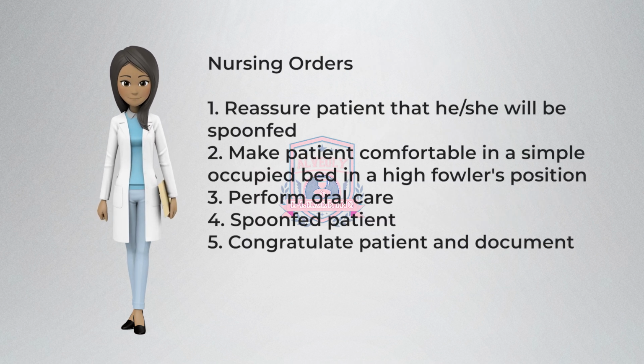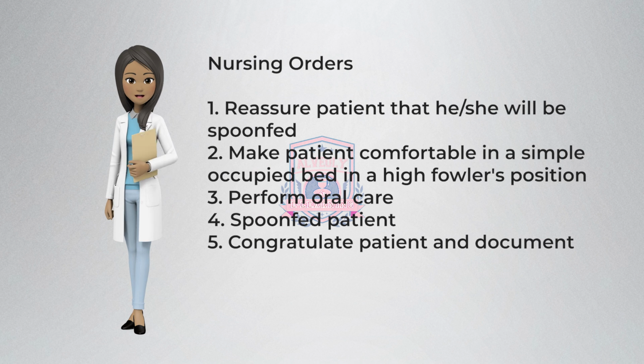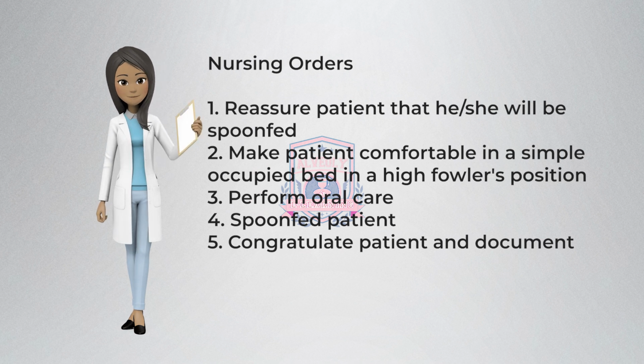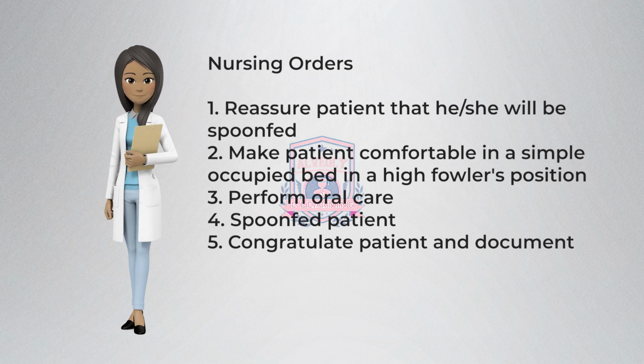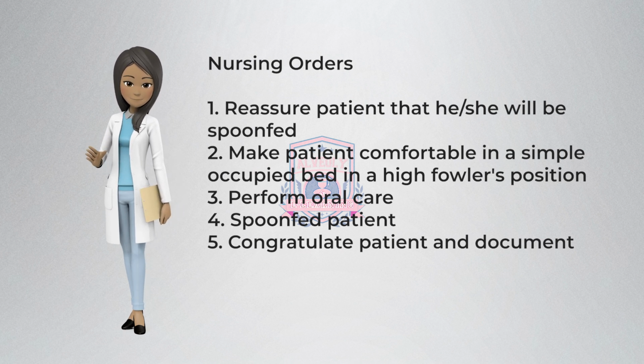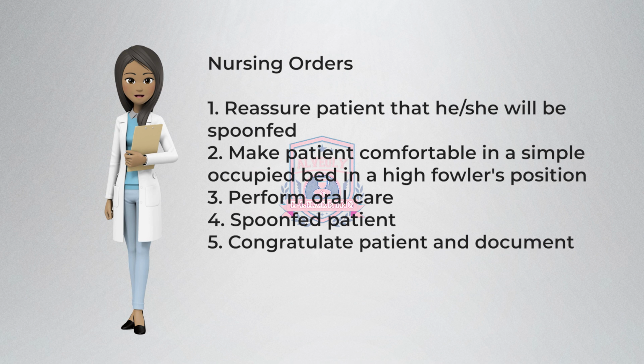Nursing orders. 1. Reassure patient that he or she will be spoon-fed. 2. Make patient comfortable in a simple occupied bed in a high Fowler's position. 3. Perform oral care. 4. Spoon-feed patient. 5.